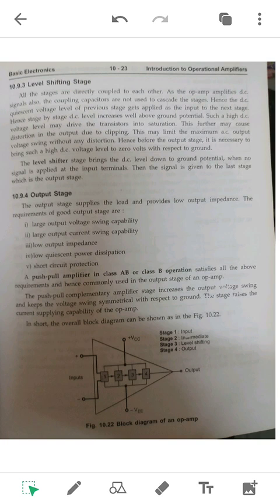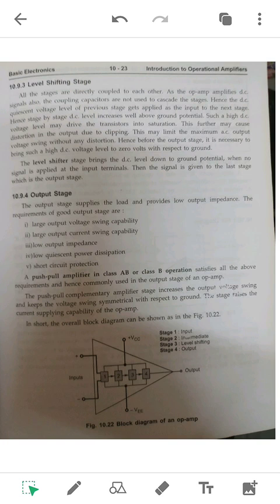So, buffer and level shifting stage. The level shifting stage brings the DC level down to the ground potential when no signal is applied at the input terminal. Then the signal is given to the last stage, which is the output stage.